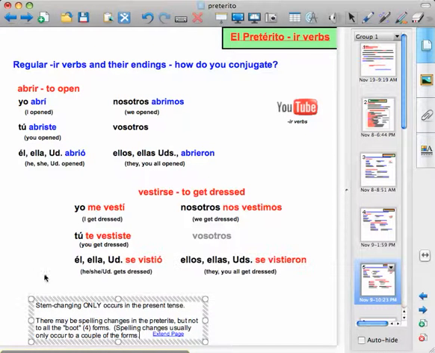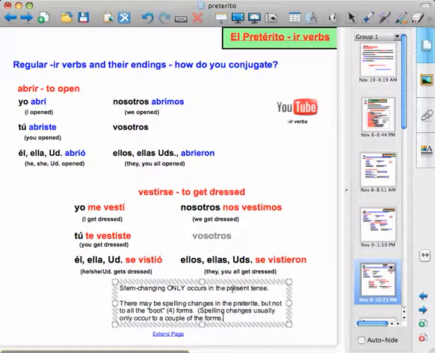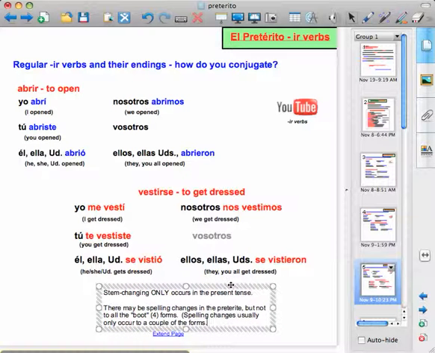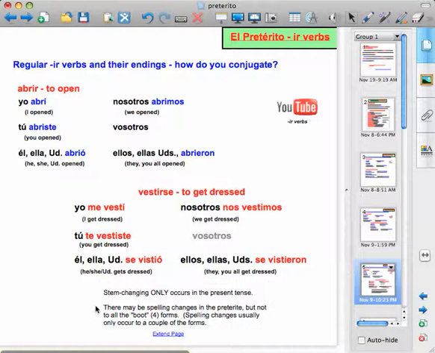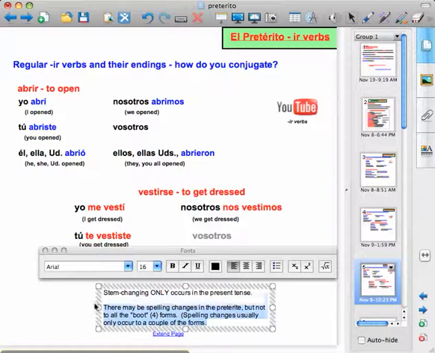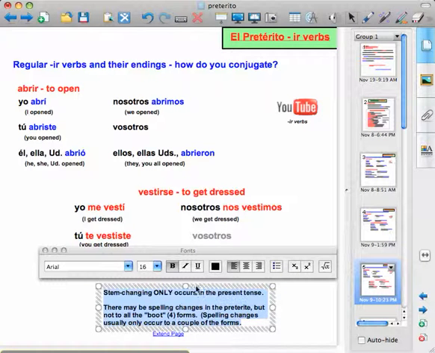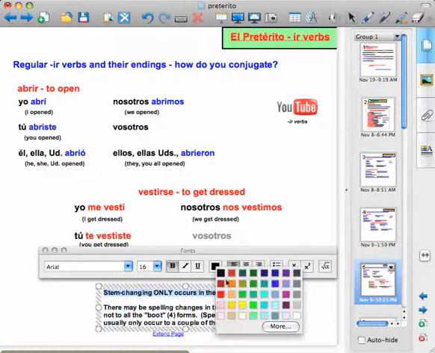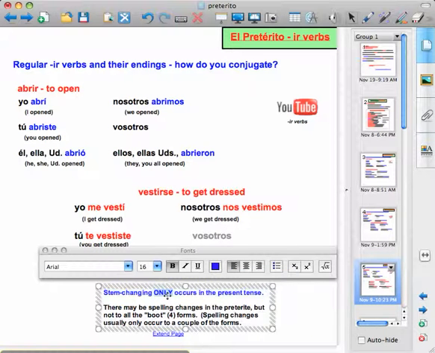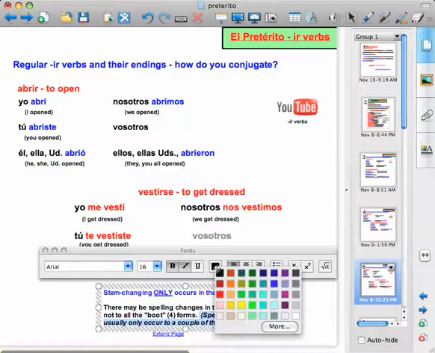That's why they're not considered a stem changed verb anymore in the preterite, because they don't change in all 4 forms. They only change in a couple. Okay, so this top one, we're going to make that stand out so that you can remember it. Okay, only occurs in the present tense. There may be spelling changes in the preterite, but not to all the boot forms. Spelling changes usually only occur to a couple of the forms.